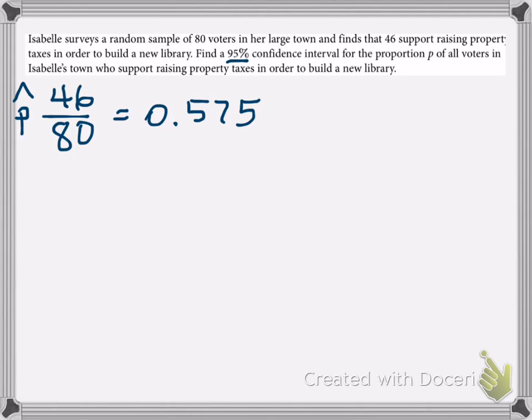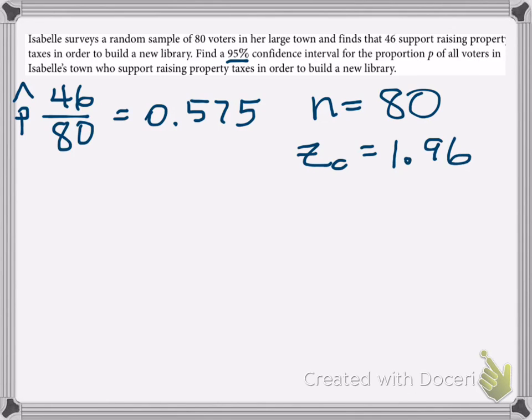Our n is 80 because they asked 80 voters. And then we're using a 95% confidence level. So our z of c is going to be, and we said for 95% it was 1.96. Okay. So I'm going to plug that into the equation.